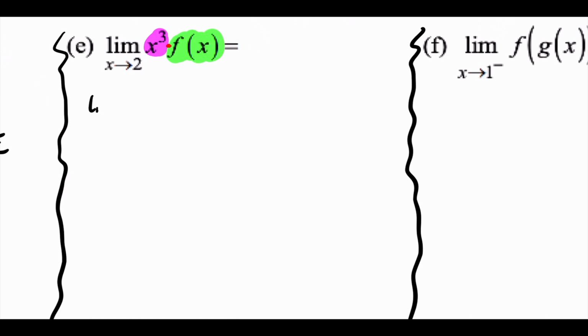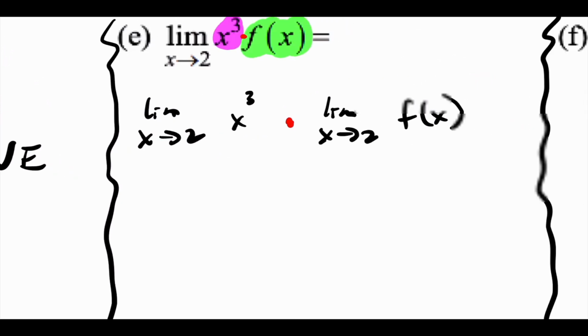Okay, so I'm going to rewrite this: the limit as x approaches 2 for x to the third power, times the limit as x approaches 2 for f of x. For the first one, how do I find the limit as x approaches 2 for x cubed?